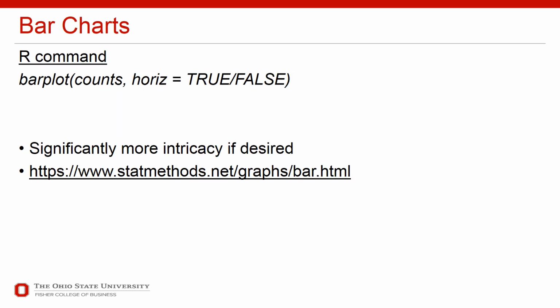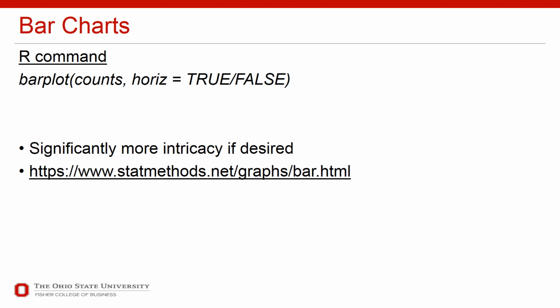For bar charts, again, the command is bar plot with the counts as the argument, and then one of the many different extra options is the horiz argument to ask if you want a horizontal bar plot in which the bars move horizontally, or a vertical bar plot where the bars are vertical. Horizontal equals true will make horizontal, and false makes vertical. The default is false.